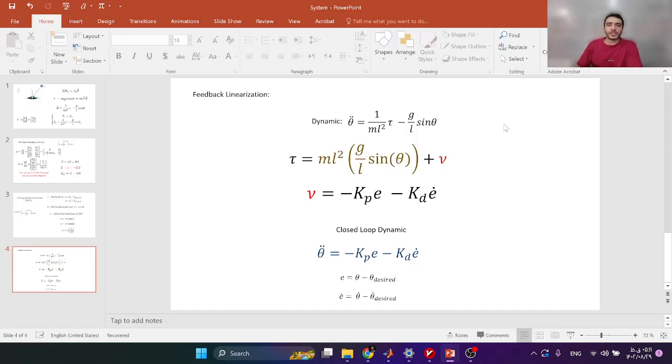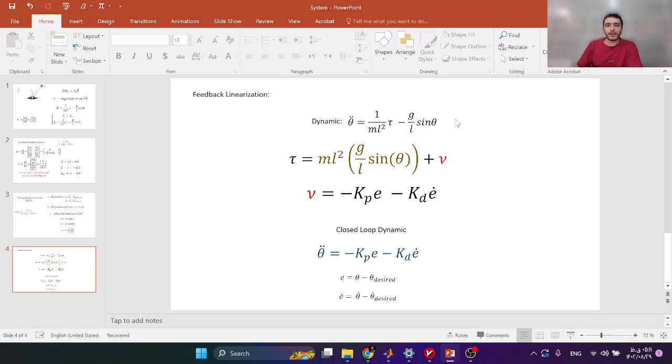The feedback linearization controller is a controller that can cancel the nonlinear dynamics of the system such that we derive a linear system.